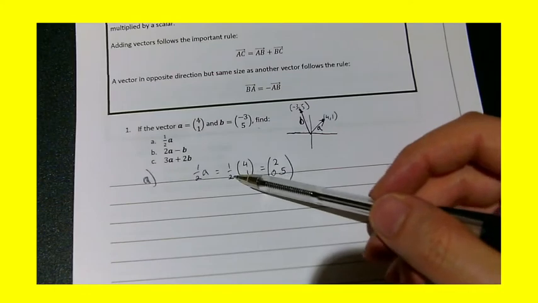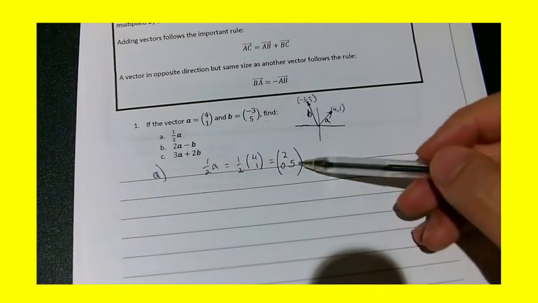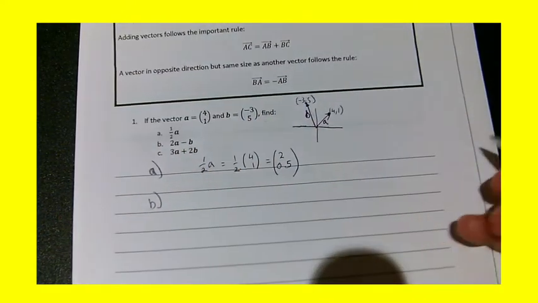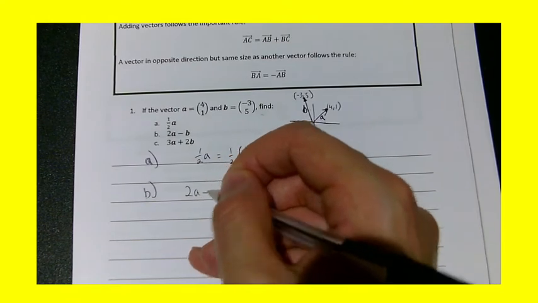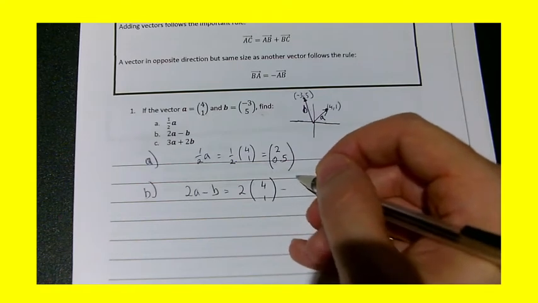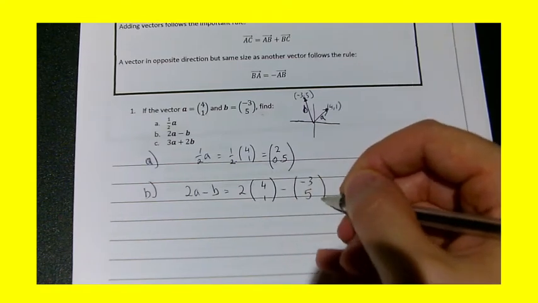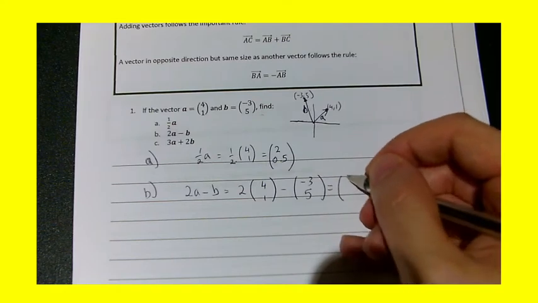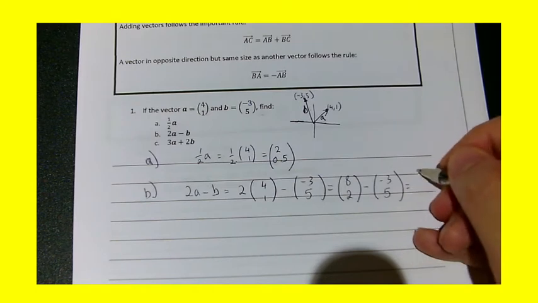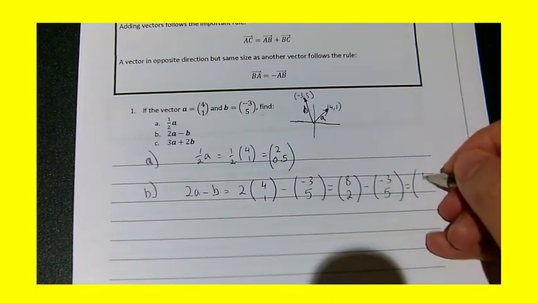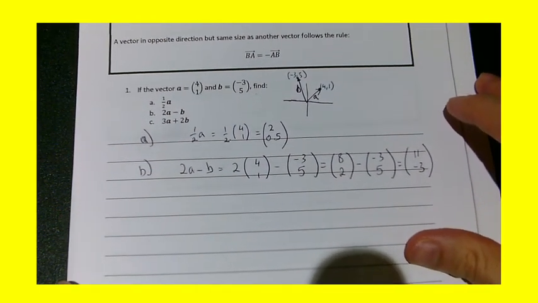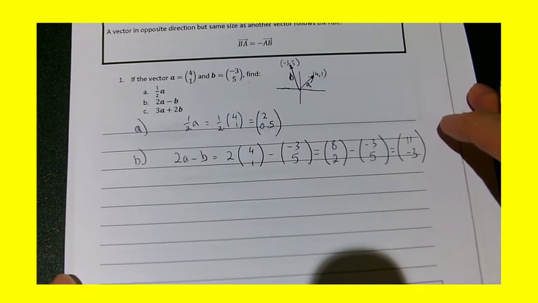Scalar basically means a value which has no direction, and we have half the original vector, (2, 0.5). Now 2a minus b, so 2 lots of vector a minus 1 lot of vector b. Now 2 lots of vector a would be (8, 2) minus 1 lot of vector b. 8 minus minus 3 is 11, 2 minus 5 is minus 3. Okay, so that's the vector 2a minus b.